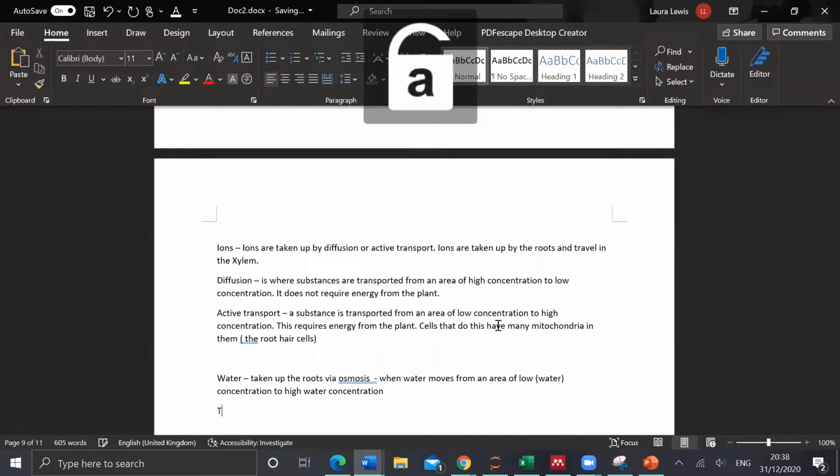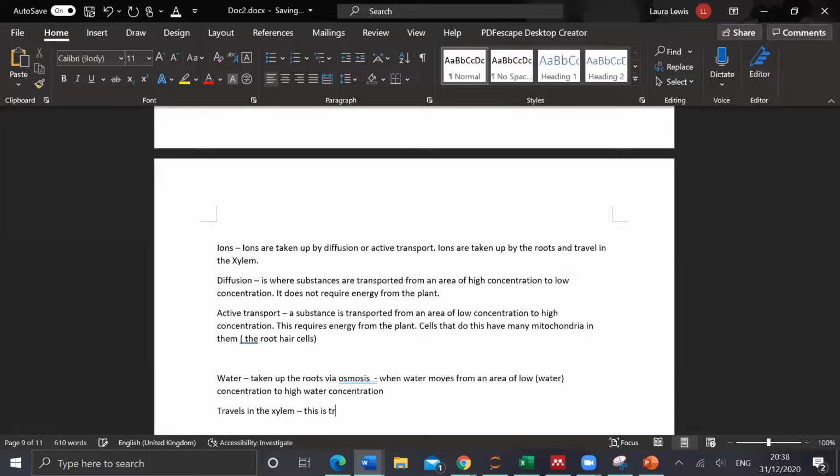It travels in the xylem as well. Then this is transported to the leaves and stem.